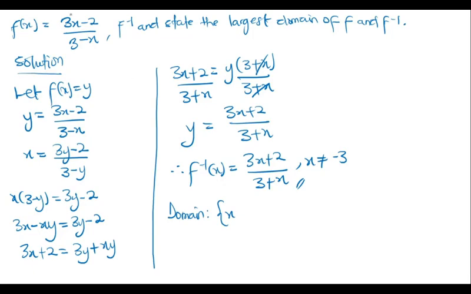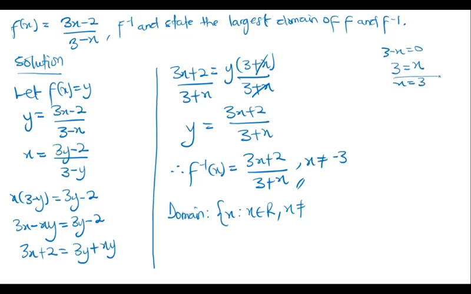The domain of the function f is x such that x is a real number, where x is not equal to what? If we equate the denominator to 0, we have 3 - x = 0. If I bring x to the other side, we have x equal to 3.